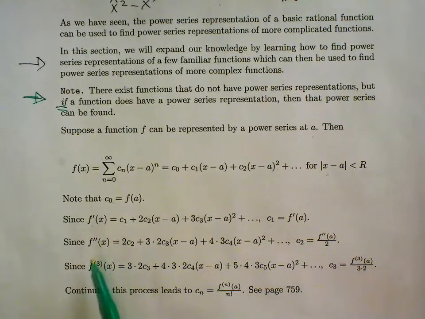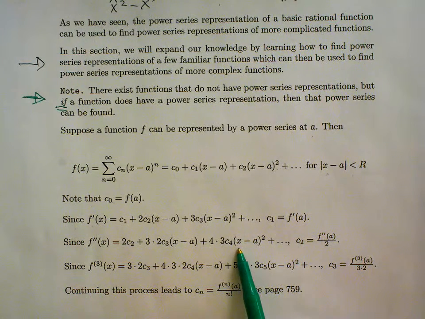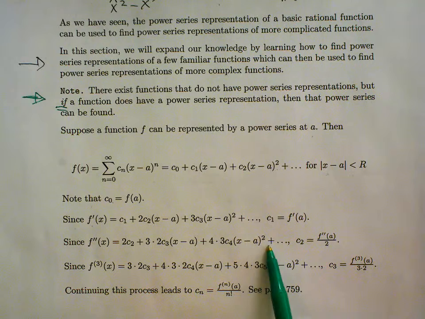When we compute the second derivative, we get these terms, 2 times c sub 2 plus 3 times 2 times c sub 3 times x minus a plus 4 times 3 times c sub 4 times the binomial x minus a squared, and so on.